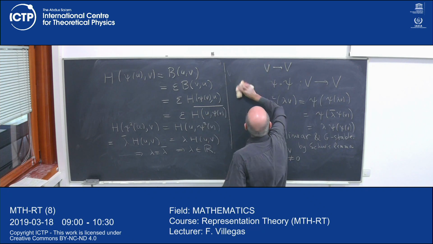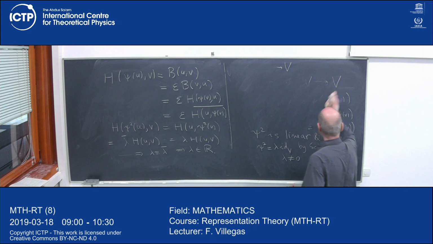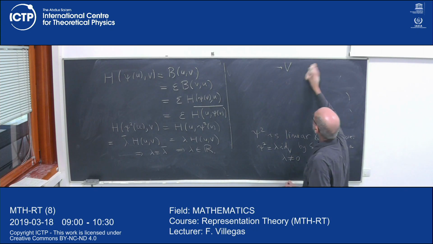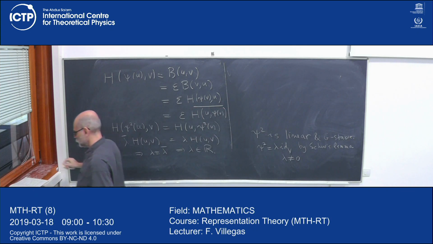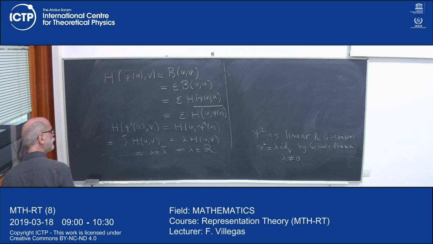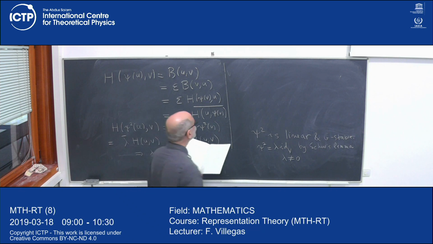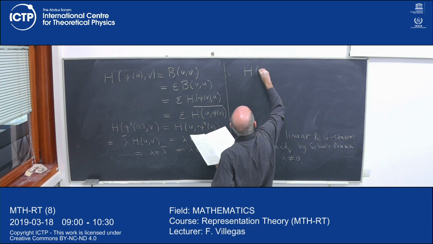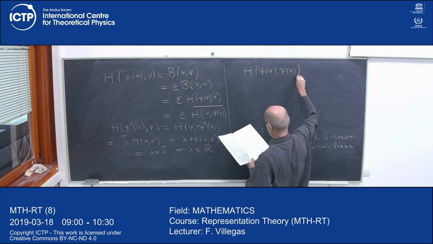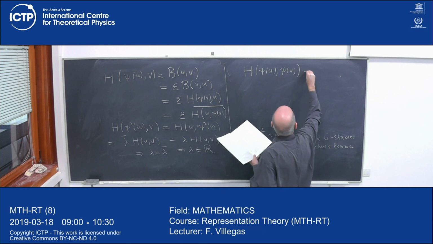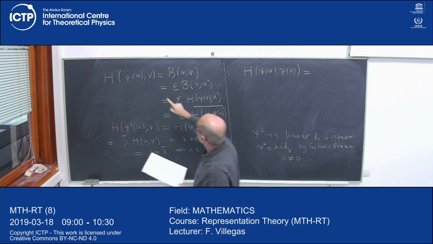So I want to now claim that lambda is exactly equal to epsilon, or rather the sign of lambda is epsilon, to be precise. So let's compute h of psi of u, psi of v, according to this calculation here.